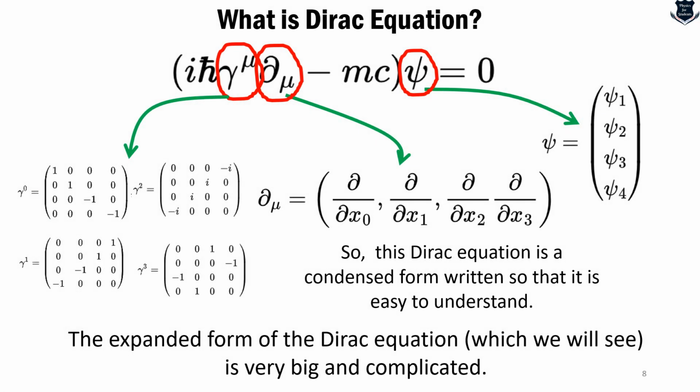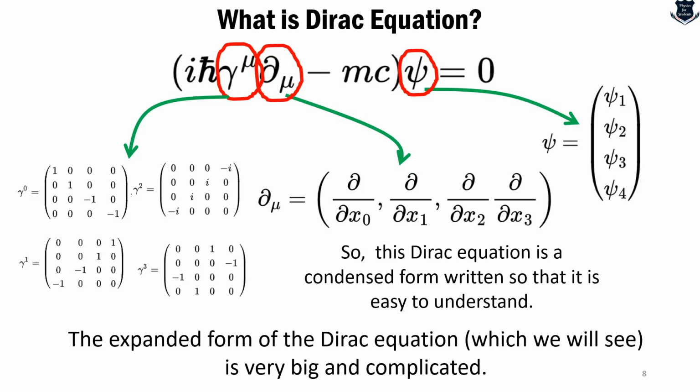If you see this Dirac equation, you can see that these gamma matrices are actually 4 by 4, with indices 0, 1, 2, and 3, so almost 16 components that we need to write. Again, if you take the del mu, although this is just a part of it, this partial derivative runs over 0, 1, 2 and 3.